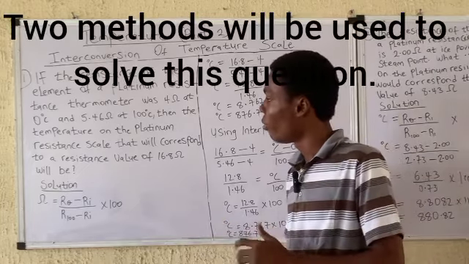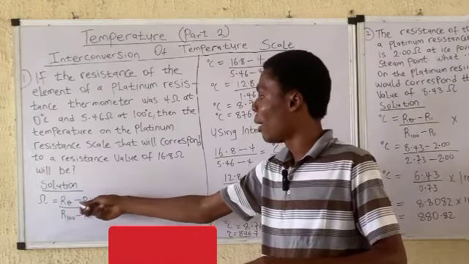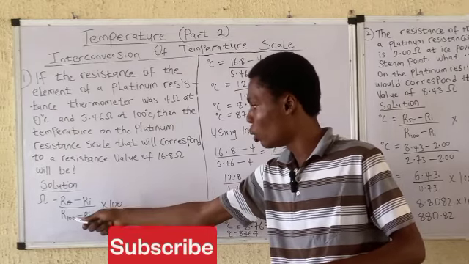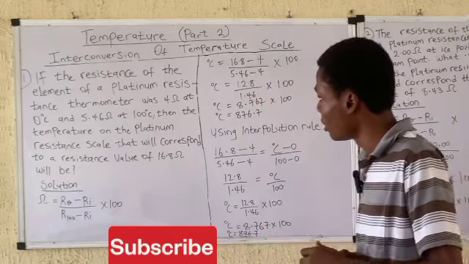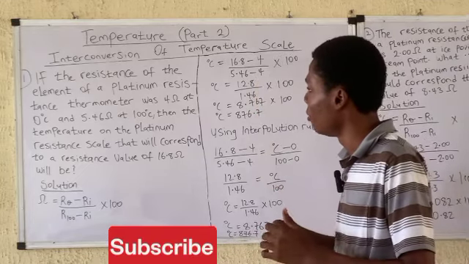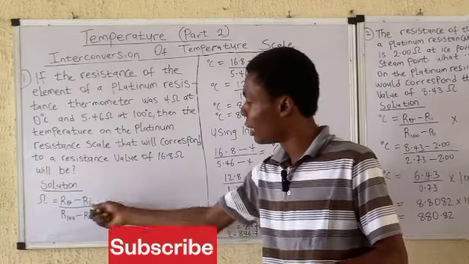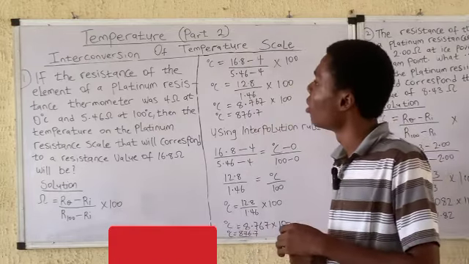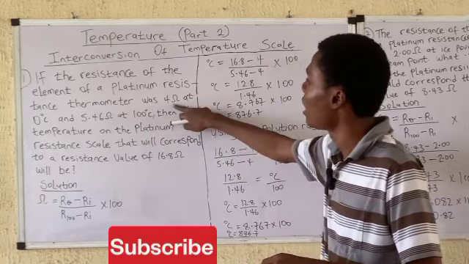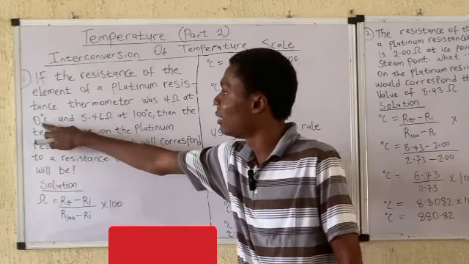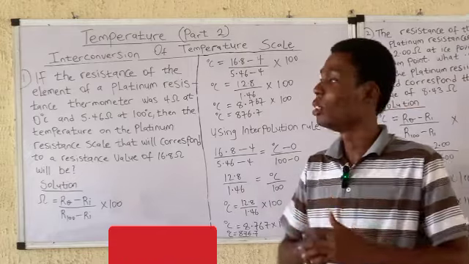Now, to find the temperature, we use the formula (R theta minus Ri) over (R100 minus Ri), where R theta represents the value they gave us, 16.8. Ri represents the lower fixed point, that is 4. As you can see, they say at 0 degrees Celsius. So the lower fixed point for Celsius is 0 degrees Celsius.